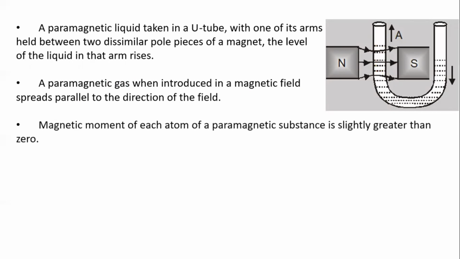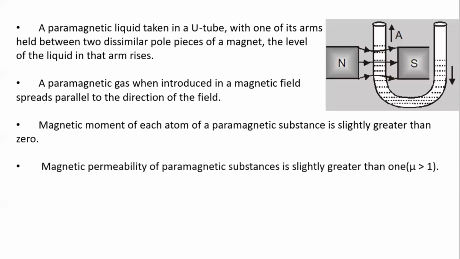Next property: the magnetic moment of each atom of a paramagnetic substance is slightly greater than 0. In diamagnetic it is 0, but it is slightly greater than 0 in para. Magnetic permeability is slightly greater than 1. In diamagnetic it is slightly less than 1. Here it is slightly greater than 1.